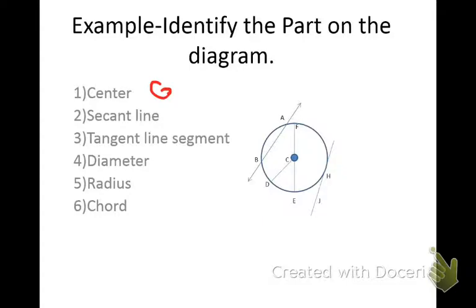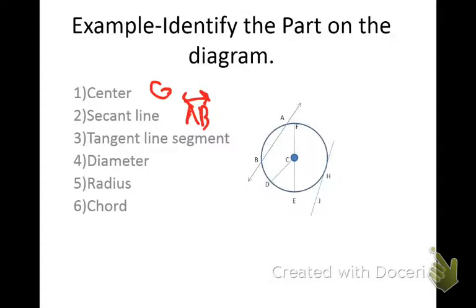What would the secant line be? The secant line would be what, Carly? Yes, line AB. That's the secant line.